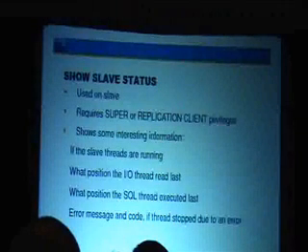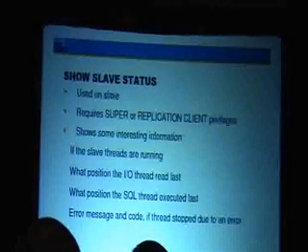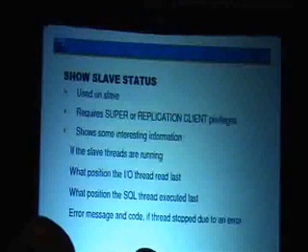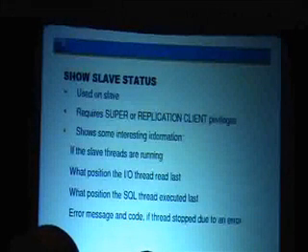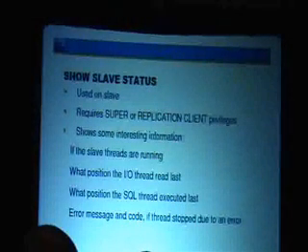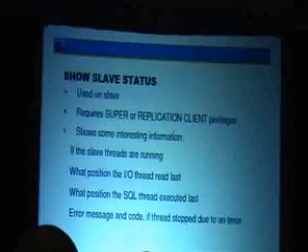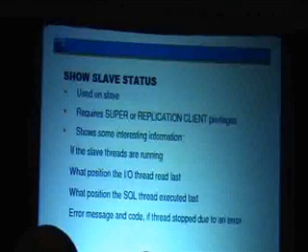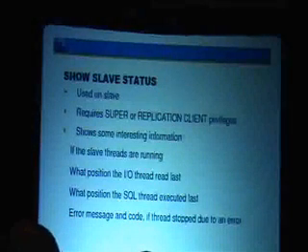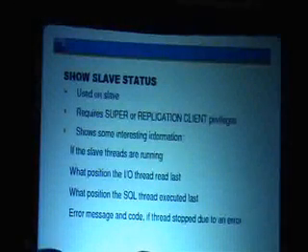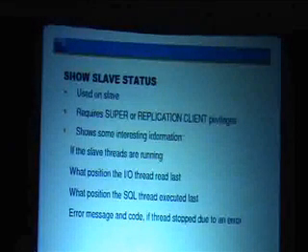Then you have an SQL thread, and the SQL thread is applying the stuff on the slave. So one thread is responsible for receiving the information, and another is responsible for applying it. Here you can see what was the last thing replicated over from the master to the slave, and also what was the last thing actually applied on the slave. And if there are any error messages, you can see those using this command as well.